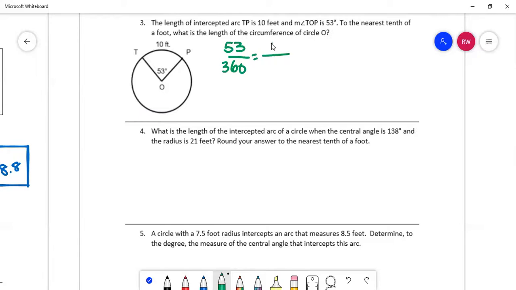My arc length, 10, over my circumference. Cross multiply. 53 times x is equal to 360 times 10. I want to get x all by itself, so we'll divide both sides by 53.